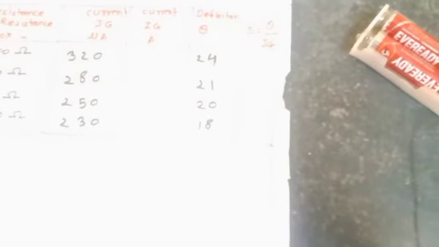See here, the readings obtained are: for 320, a 24 division deflection; for 280, a 21 deflection; for 250 microampere, a 20 division deflection; and for 230, a deflection of 18 shown by the galvanometer.